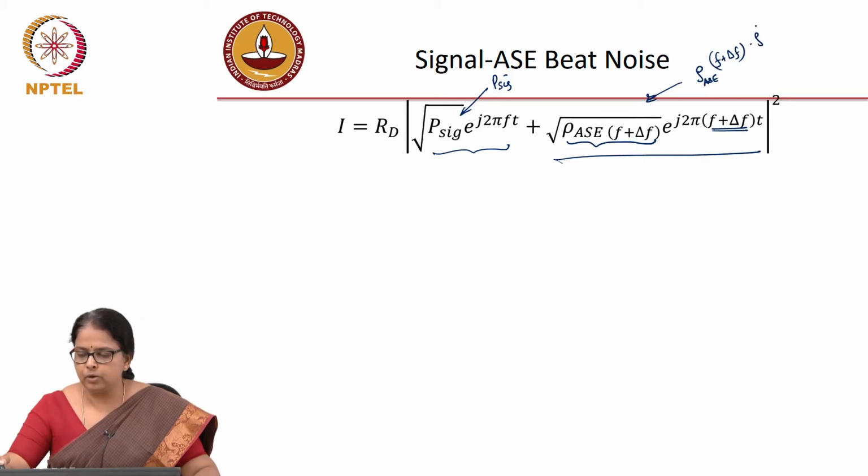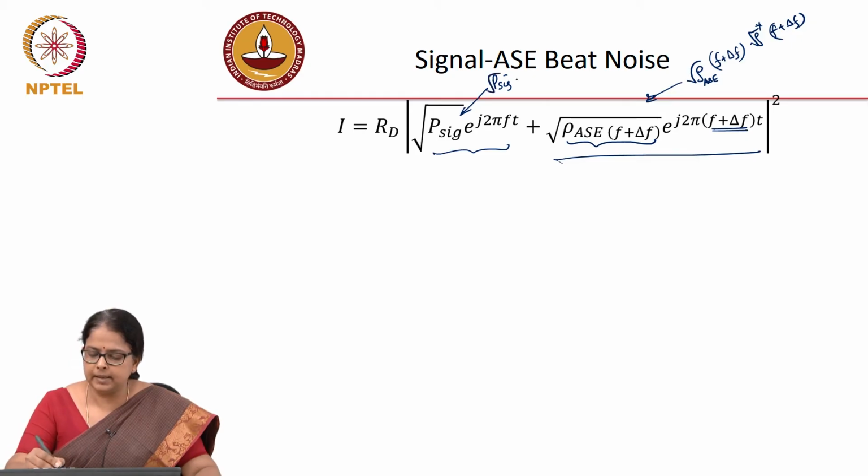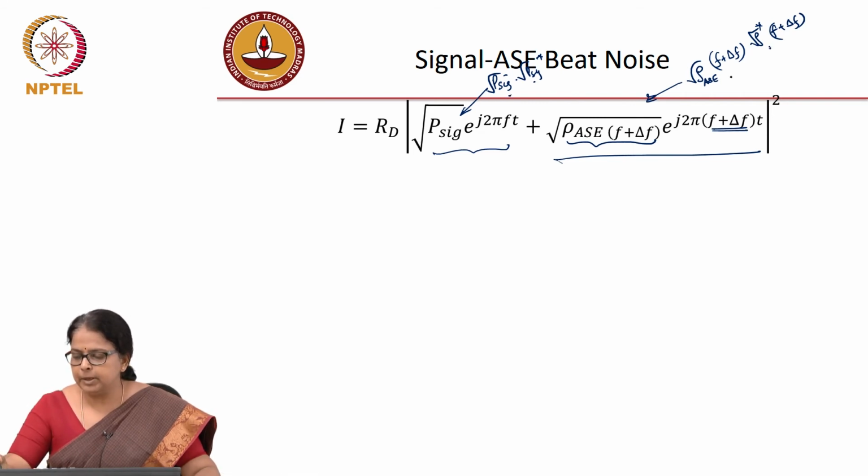In fact, you will get ρ star at f plus Δf. You will get root P_sig, root ρ star, right. So, you will get similarly root P_sig star. So, essentially signal beating with itself, noise beating with itself, but what is more interesting is the third term.